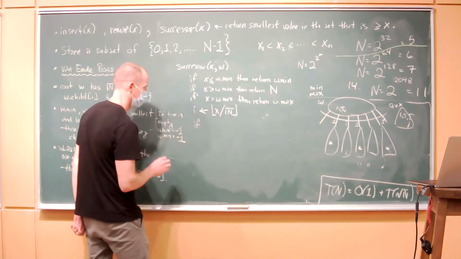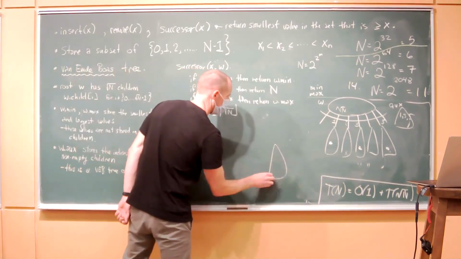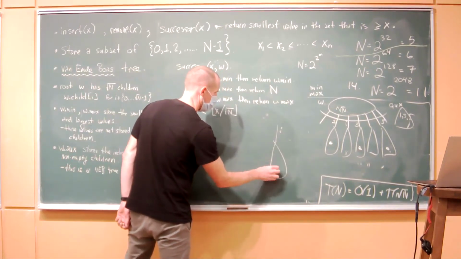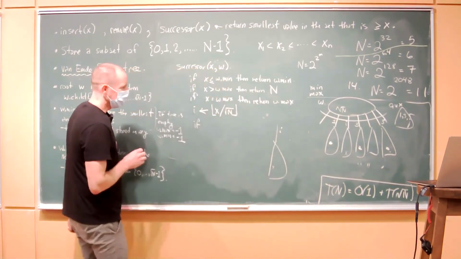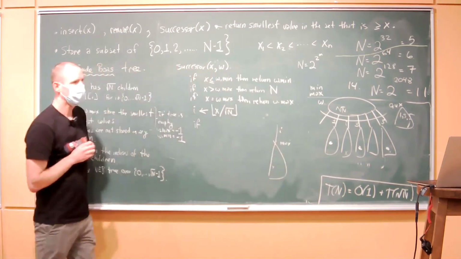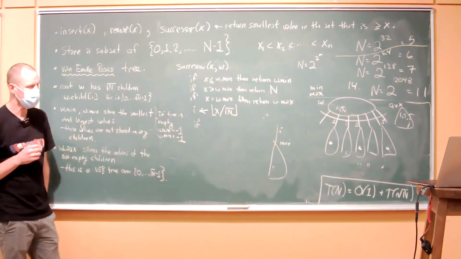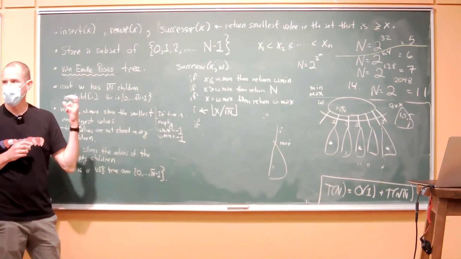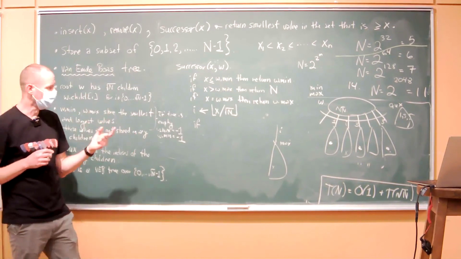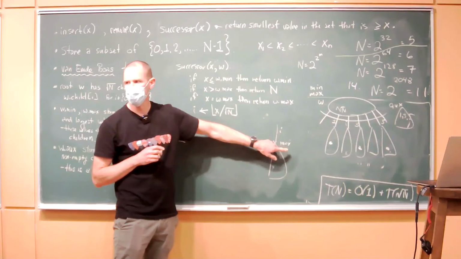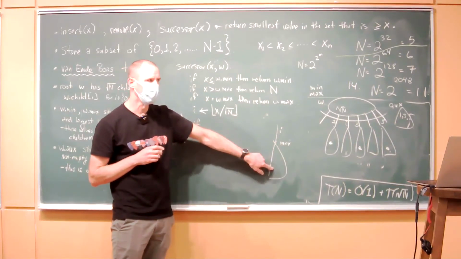Well, that ith child, where X is supposed to be, it has a maximum value that it stores. It's right there at the root of that ith child. And if that's bigger than X, then we know that the answer we're looking for is somewhere in that ith child. It may or may not be the maximum value, but definitely the answer is in here.